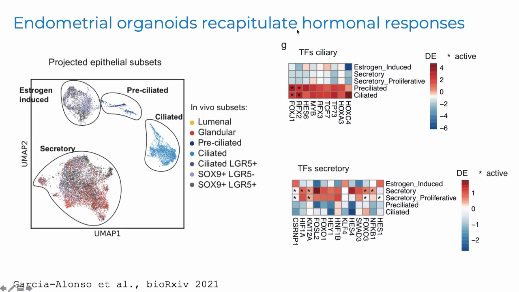And to do that, again, on these subsets, we calculated the transcription factors and their activities, and we could nicely validate how the same transcription factors that we show in vivo that are responding in the ciliated lineage pop up here, and exactly the same happens with the transcription factors for the secretory lineage.